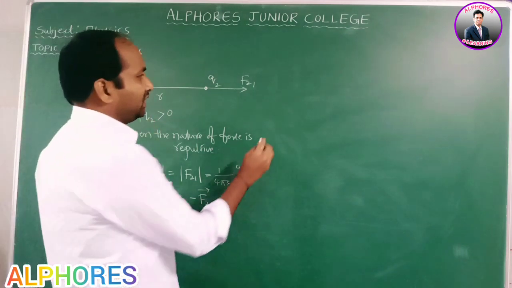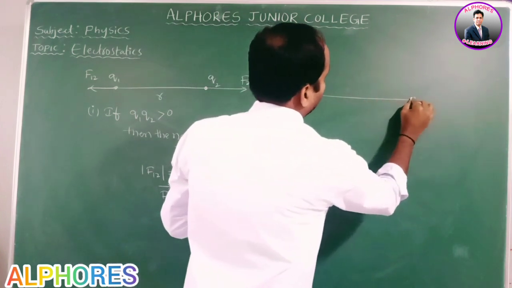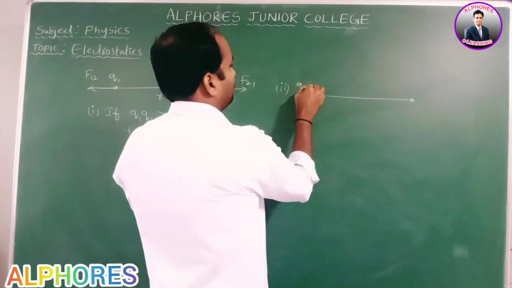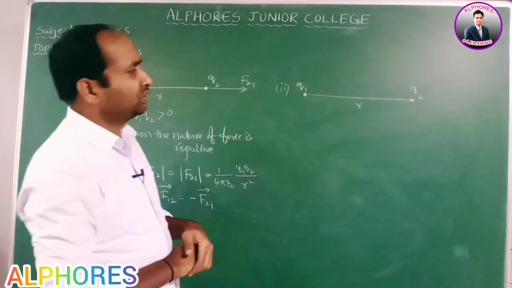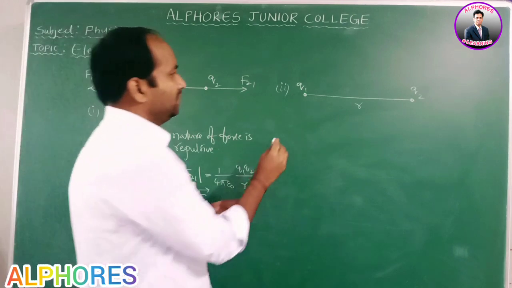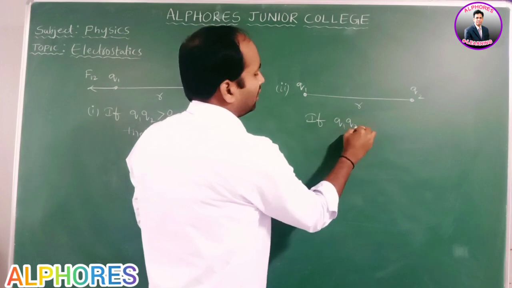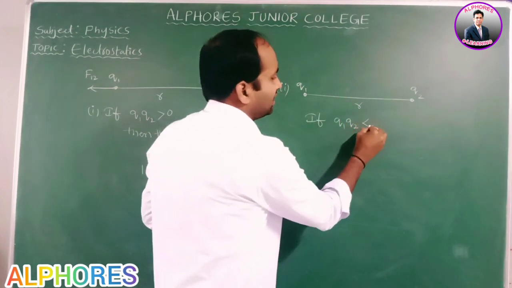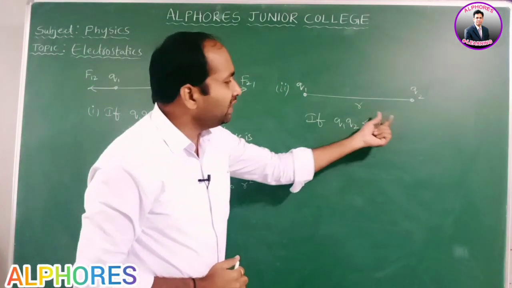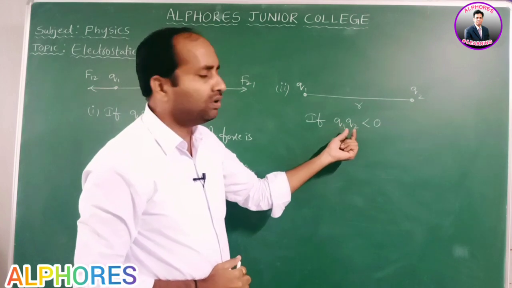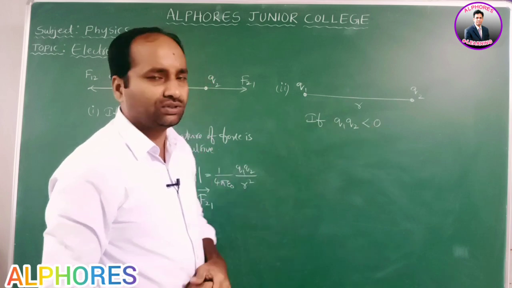In the same way, you may take the second case. Two charges Q1 and Q2, again separated by a distance R. But here the product of the two charges Q1 Q2 is less than 0. It is possible only when either Q1 is negative or Q2 is negative, unlike charges, plus into minus, less than 0.